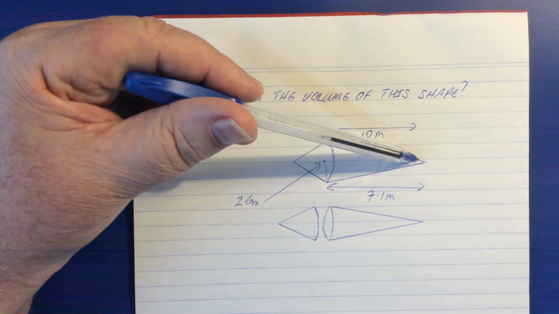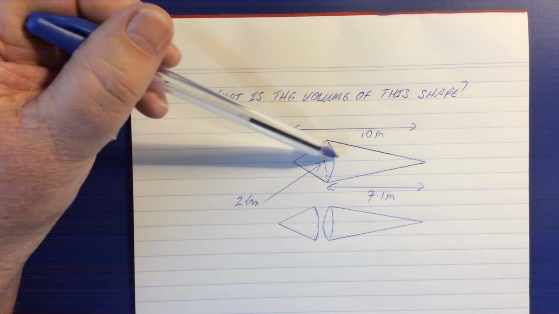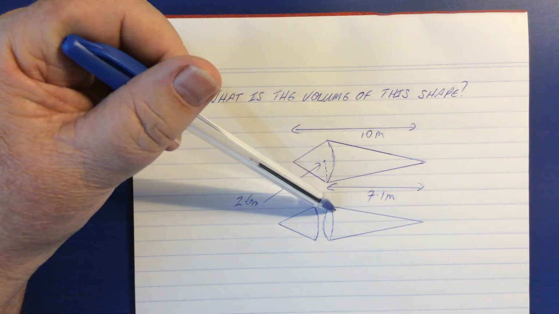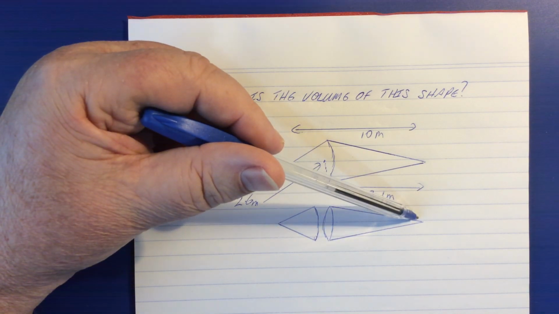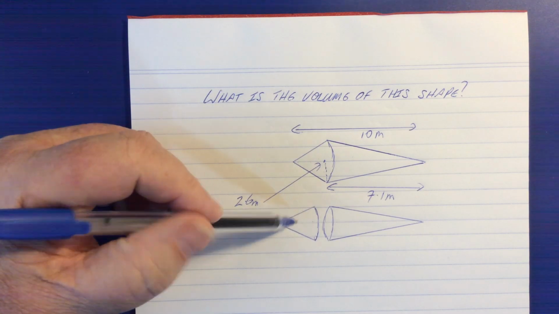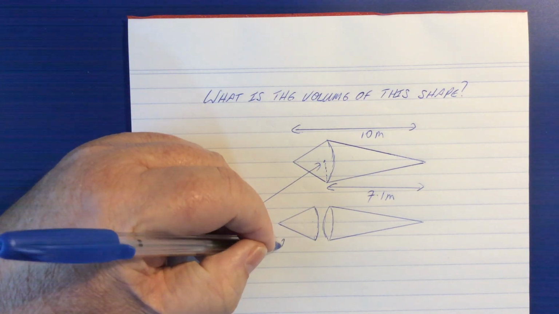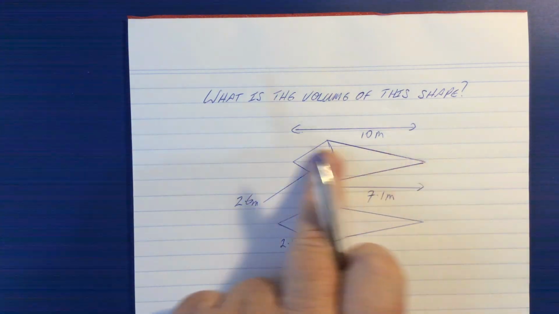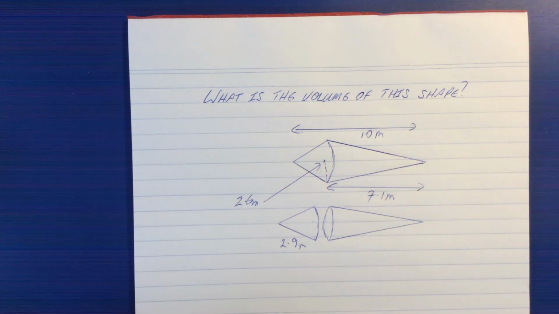The length of the larger part of this structure is 7.1. What that means is that this cone here is 7.1 meters long, and this cone here is 2.9, which makes up the 10 meters. Now we have everything that we need to find the total volume of this shape.